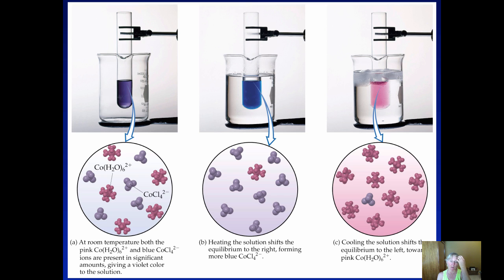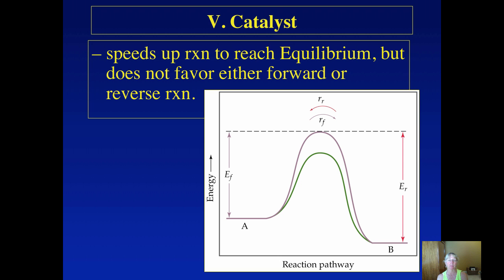But heating it will drive this reaction to the right, forming more blue CoCl4 2-, and cooling it shifts it to the left, forming more of the pink cobalt with 6 waters. So what kind of thermic do you think this reaction is? If heating it shifts your equilibrium to the right, it must have needed heat to go to the right, and that would be an endothermic process.